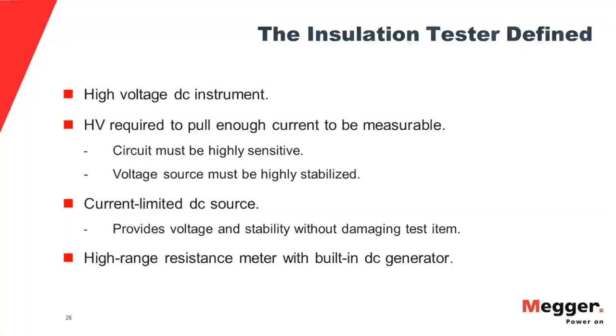So you need a considerable voltage to pull that current through the insulation, and you need high sensitivity to be able to measure. We're typically talking nanoamps here, and a tester needs to be able to measure that accurately, and you need to have a highly stabilized voltage source to be able to do that.